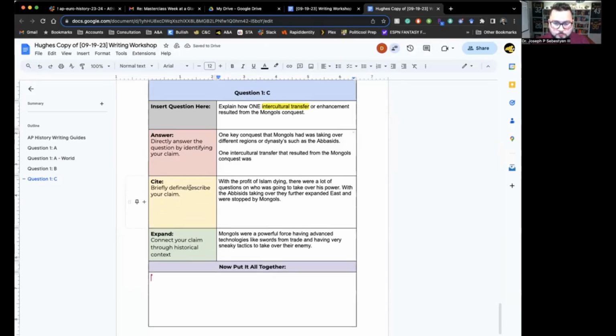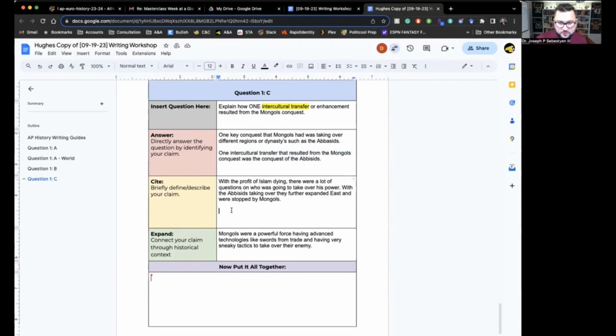Oh, okay. So you want to know how they transferred from the Abbasids to their empire? Yes. So you could still use that, but the very next sentence better be the cultural transfer.